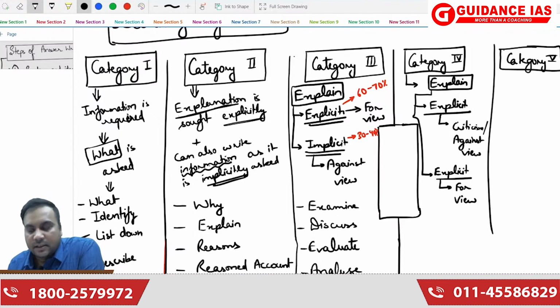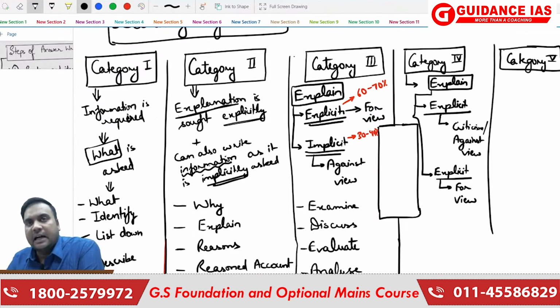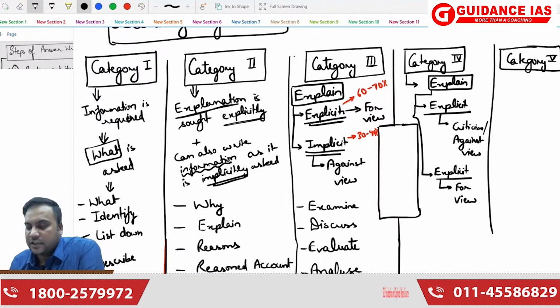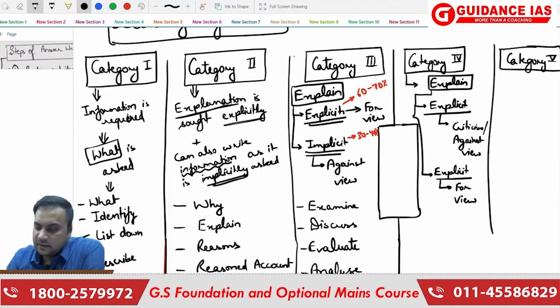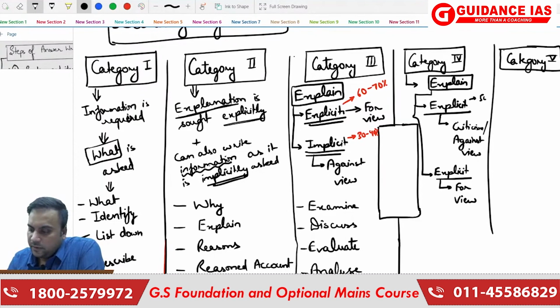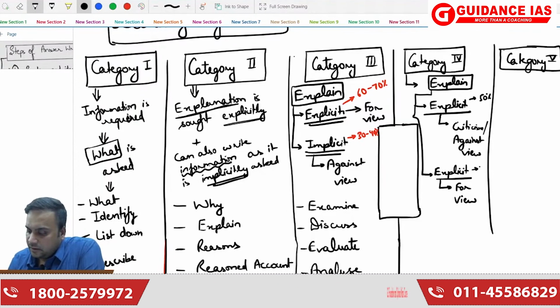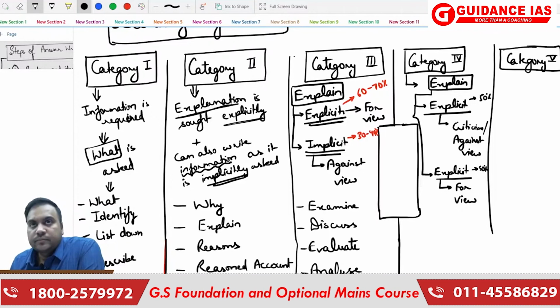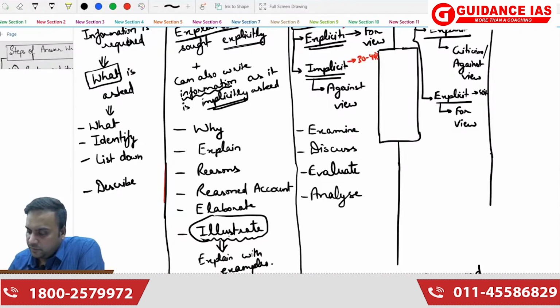Both are now explicit here. So your challenge has multiplied, it has increased more. In this case, depending upon the question, you can go for 50% here, 50% here. Okay.